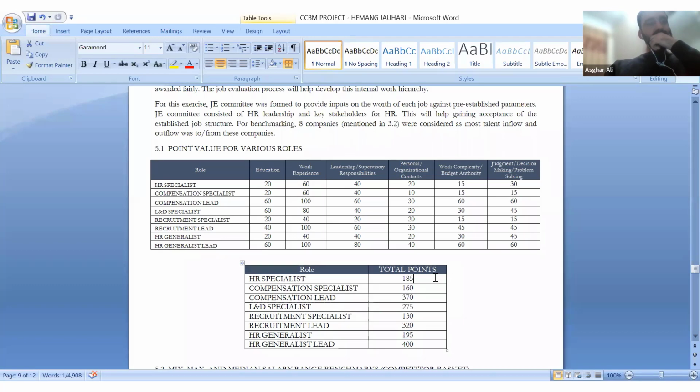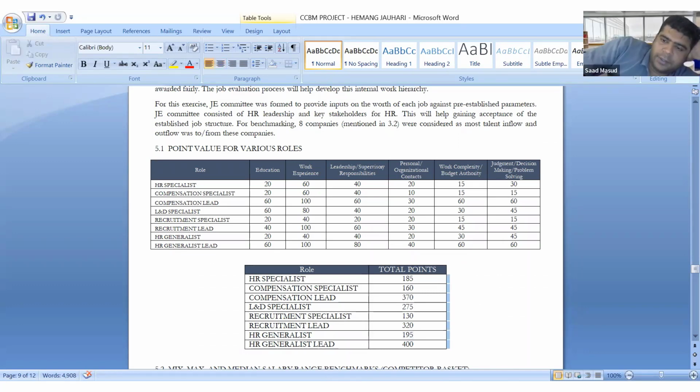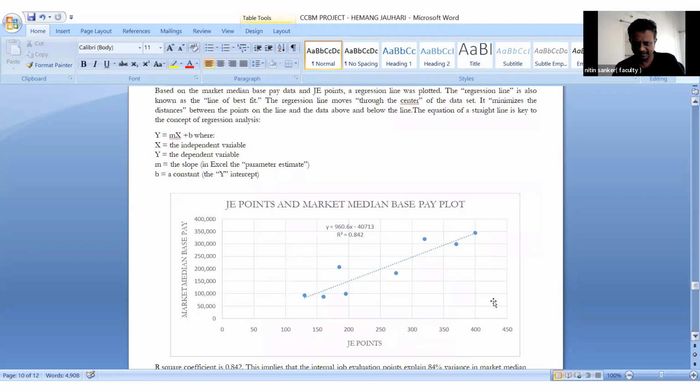Now we have fixed all the points, and we also have a table which has the market salary for a few of these jobs. What we are trying to do with this market salary versus points is get a distribution which looks like this. For example, this point is 120 points and the market salary is 100,000.